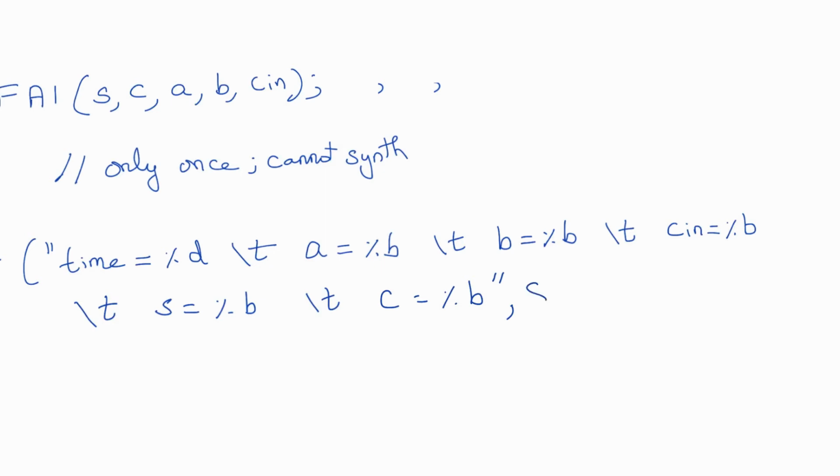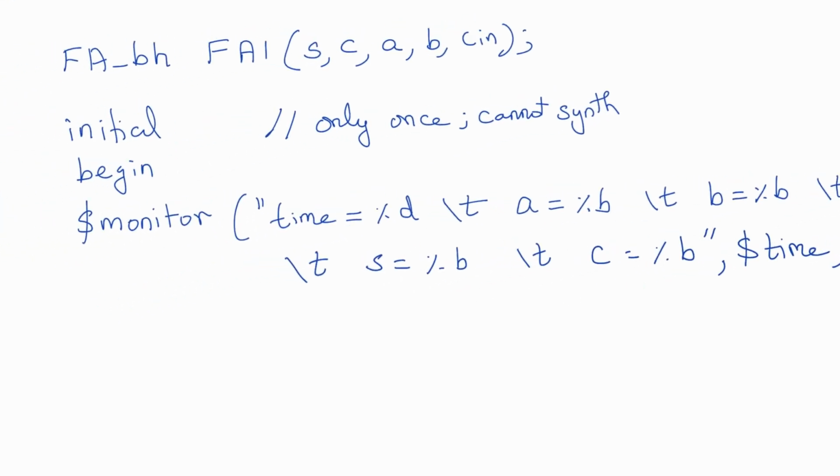So for time it is $time. So this picks up the current time, simulation time, right? And then A, B, Cn, S, and C. Then close brackets, semicolon. All in a single line, right?